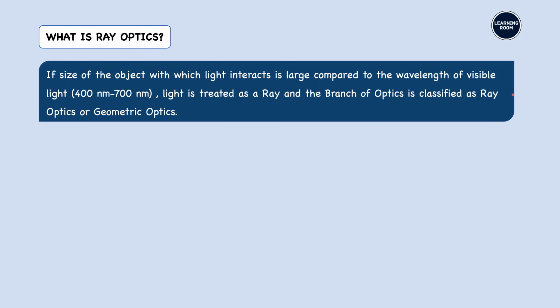You cannot compare these two values. If the size of the object with which light interacts is large compared to the wavelength of visible light, which is between 400 and 700 nanometer, light is generally treated as a ray, and that branch of optics is called ray optics, or sometimes geometric optics.